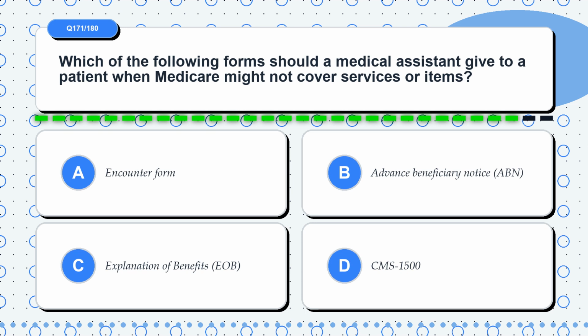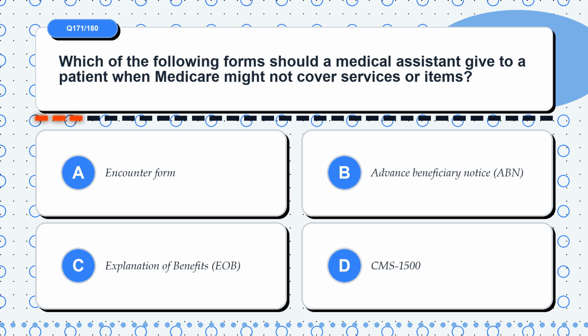Question 171. Which of the following forms should a medical assistant give to a patient when Medicare might not cover services or items? Here are the options. Option A, Encounter form. Option B, Advance beneficiary notice ABN. Option C, Explanation of benefits EOB.